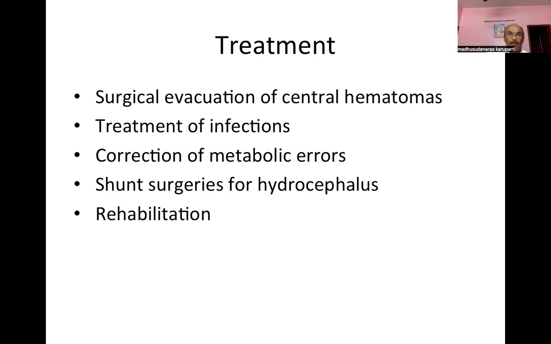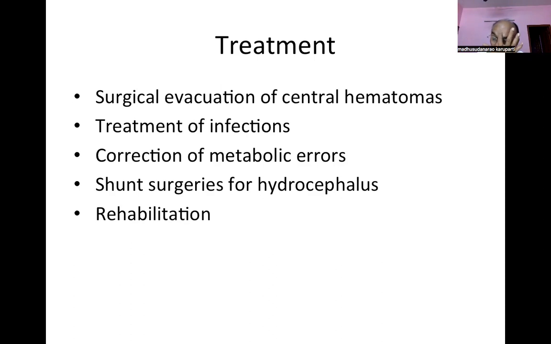Recovery is good. The patients presenting with hematomas, that is extradural hematomas, do well following the surgical evacuation of these hematomas. With treatment of infections and correction of metabolic errors like hypoglycemia, the improvement is good.